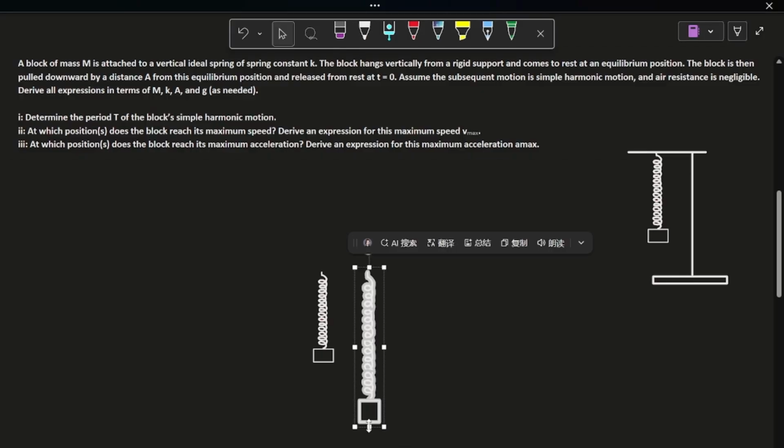The upward acceleration keeps existing because the spring force is still there until it reaches the equilibrium state. So now it has been accelerating since the very bottom, and now there's no spring force anymore.